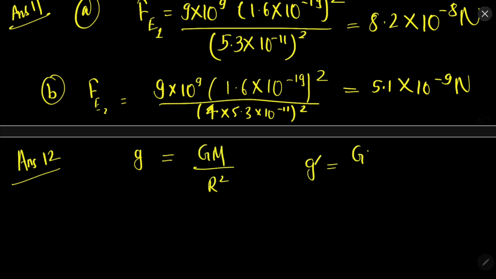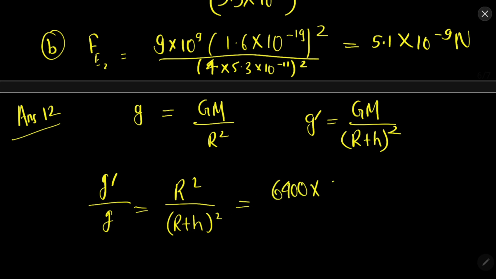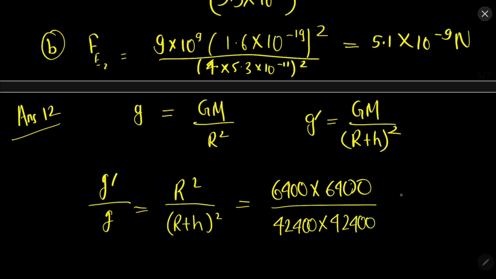In geostationary orbit it will be approximately like this. So g dash upon g is r square upon r plus h whole square, it will give you 6400 into 6400 upon 42400 into 42400, because 36000 plus 6400.